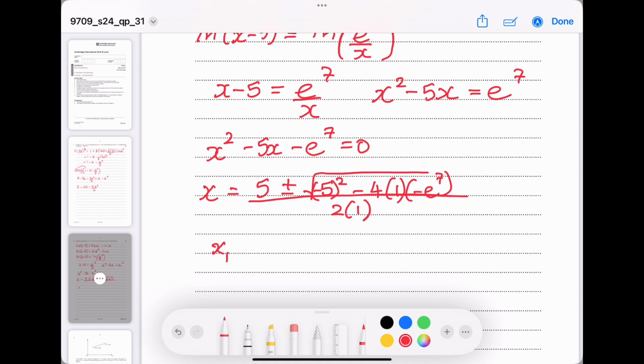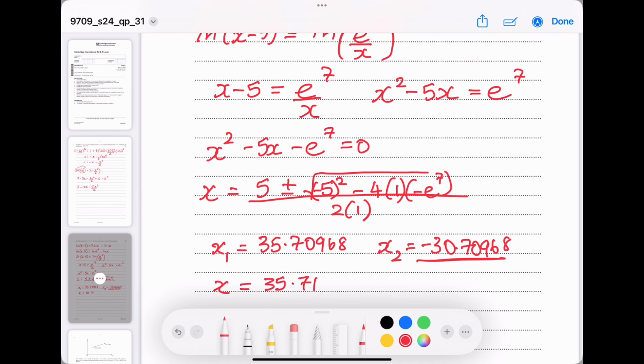You will get the 2 values of x1 is 35.70968 and x2 is negative 30.70968. As we know, x cannot be a negative value in this instance because we've got log statements, and so our solution here is 35.71.